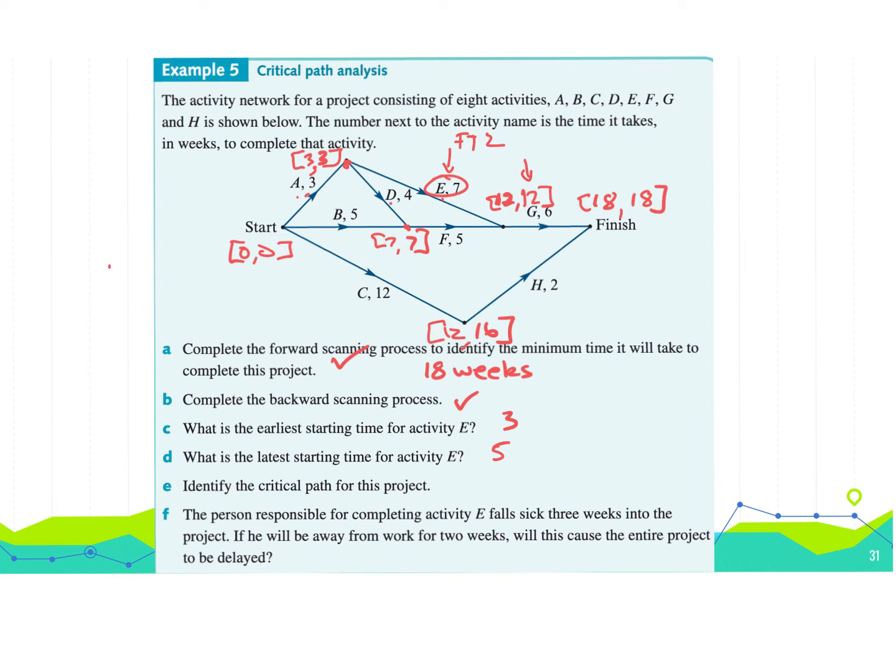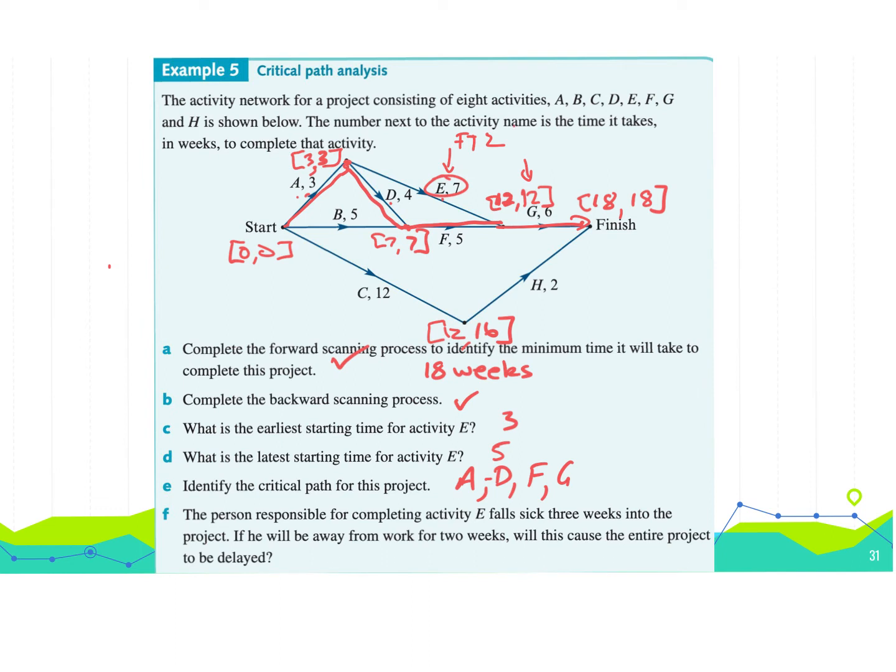Identify the critical path. Well, as I said before, that's this critical path there, and you would describe that as A, D, F, G. And the person responsible for completing activity E falls sick 3 weeks into the project. If he will be away from work for 2 weeks, will this cause the entire project to be delayed?